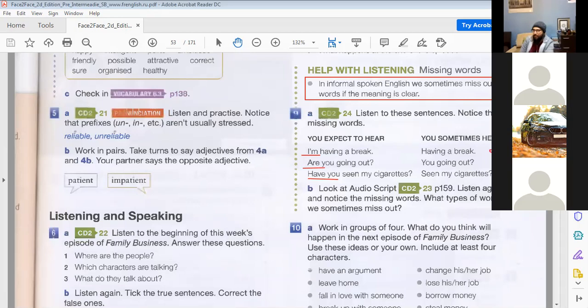You can do this if the meaning is clear. Even without the words, if the meaning is clear, sometimes they drop these words.